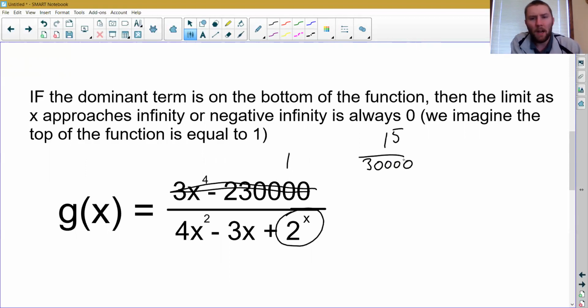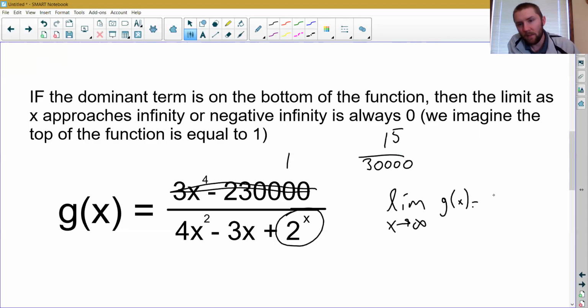So when the dominant term is on the bottom of the function, whether you're going to positive infinity or negative infinity, remember dominant terms are a little different going to negative infinity, when your dominant term is on the bottom of the function, the limit as x approaches infinity or negative infinity is 0. So this limit as x approaches infinity, in this case of g of x, is 0.